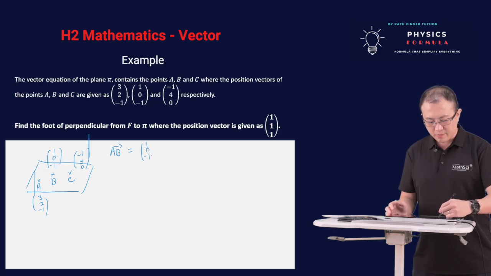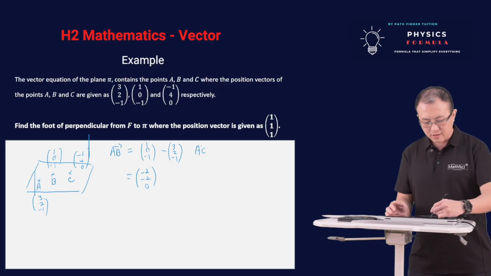So 1, 0, minus 1, minus away 3, 2, minus 1. So this will give us minus 2, minus 2, and the last one is 0. Then AC, on the other hand, is given by OC, minus 1, 4, 0, minus OA, which is 3, 2, minus 1. Then this will give us minus 4, 2, and 1.